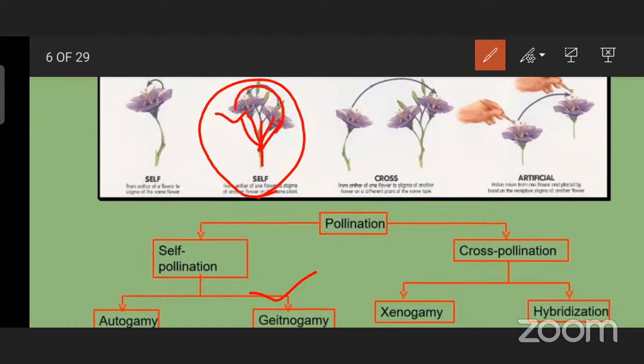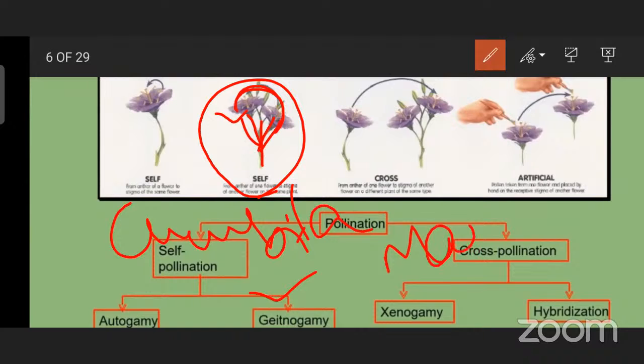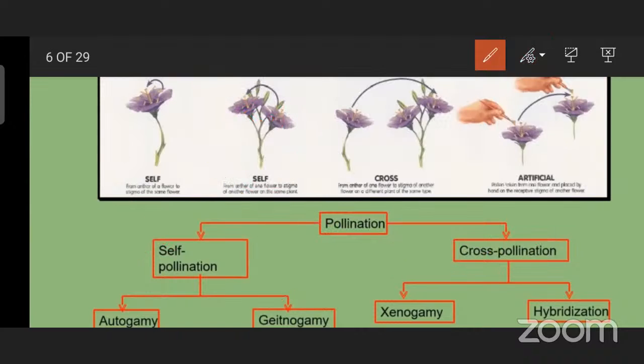The pollen grains from the anther are transferred to the stigma of another flower. This pollination is known as geitonogamy. Examples: Cucurbita, and one more example, maize. Okay students, this is self-pollination. Self-pollination is of two types, autogamy and geitonogamy.